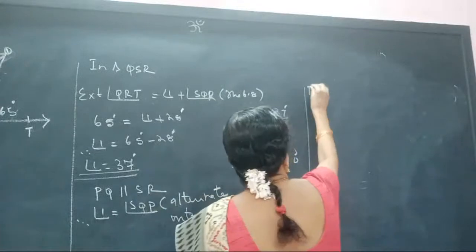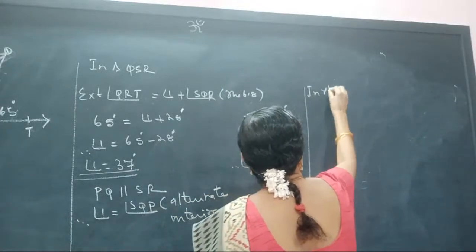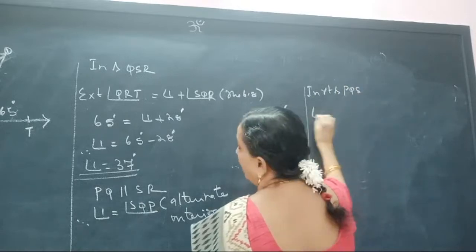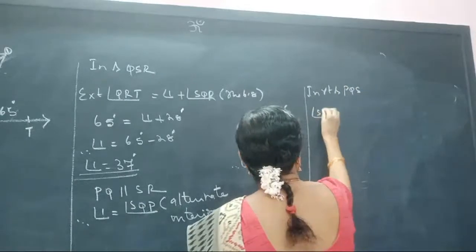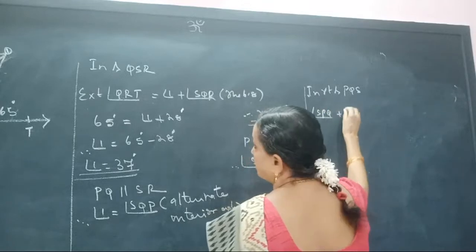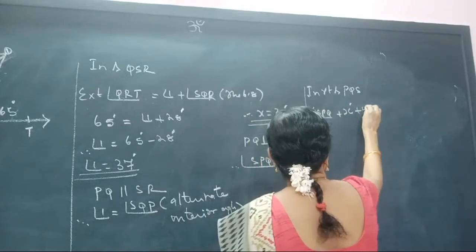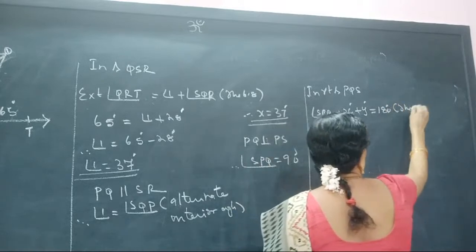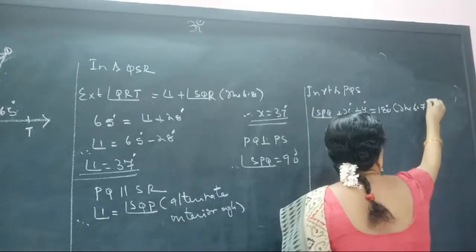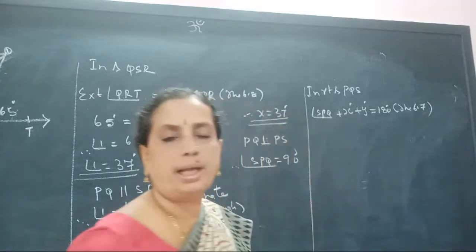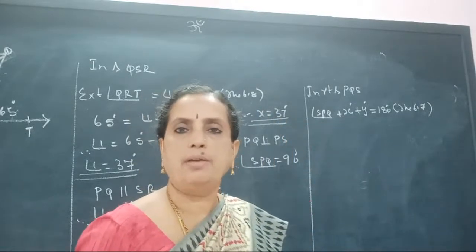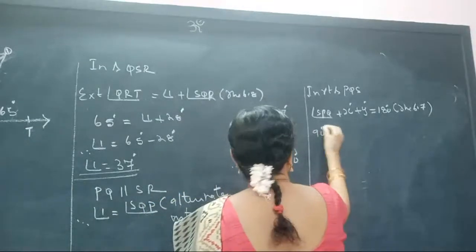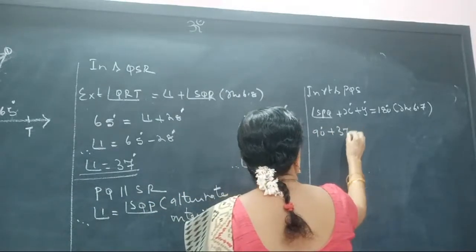Considering the right triangle PQS, angle SPQ plus X degree plus Y equals 180 degree. Theorem 6.7. Instead of mentioning the angles, I have used X and Y. Where SPQ is 90 degree, X is 37 degree.